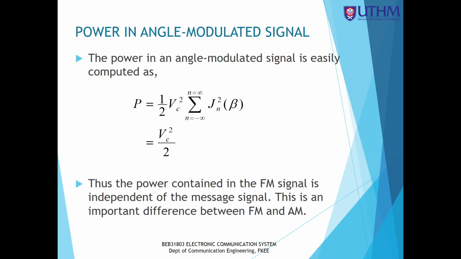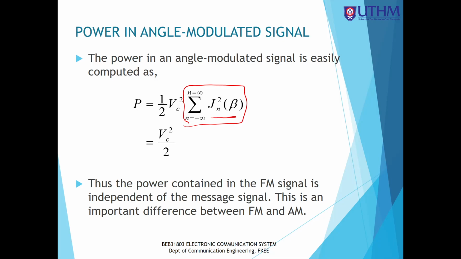From here it is calculated as 1 over 2 Vc squared multiplied by the summation from n equals minus infinity to infinity of Jn squared from the Bessel function. This part we are going to get from the Bessel table.